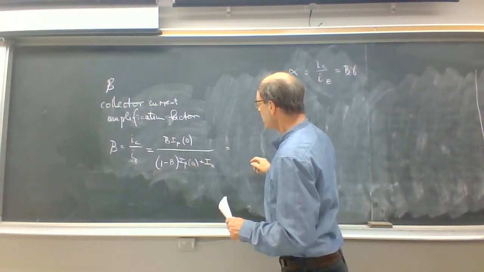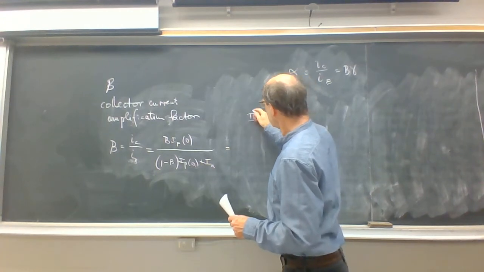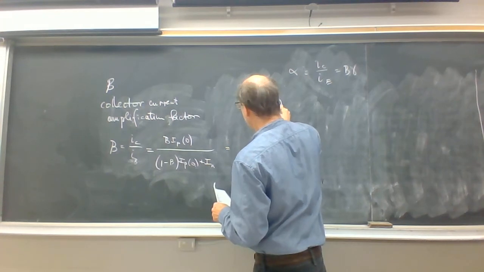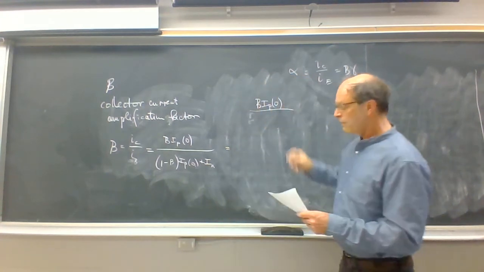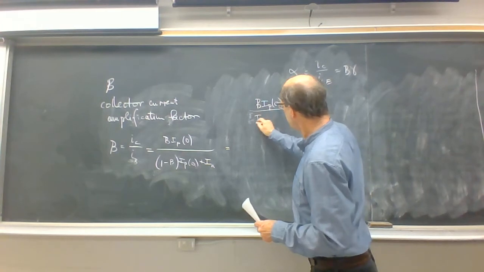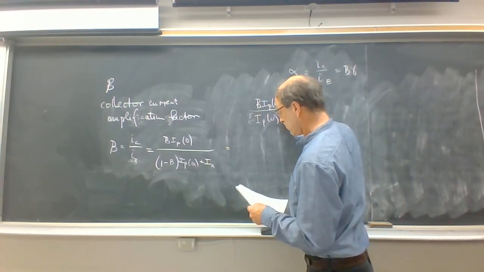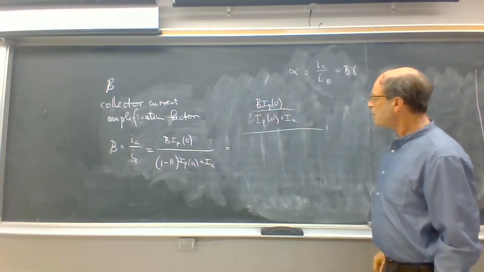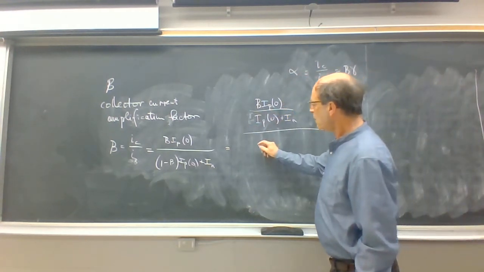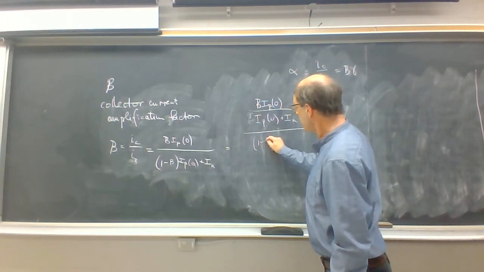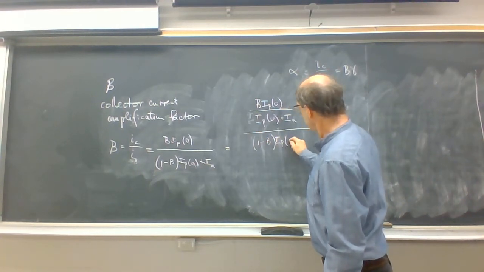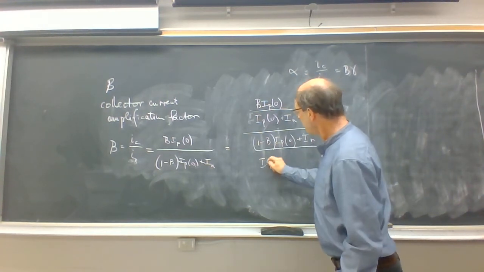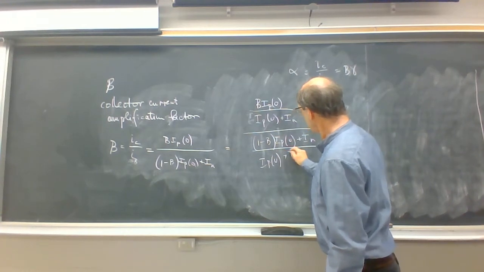So we're going to take this expression and we're going to divide the numerator by IP of 0 plus IN, and we're going to take the denominator and divide it by IP of 0 plus IN.